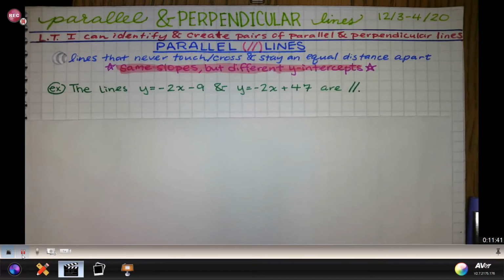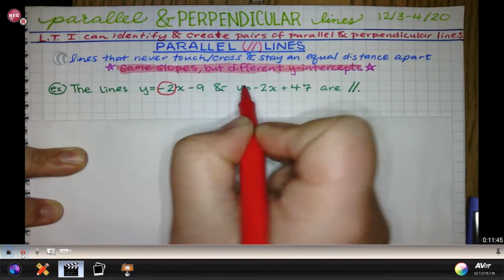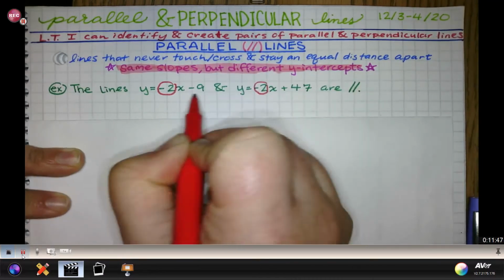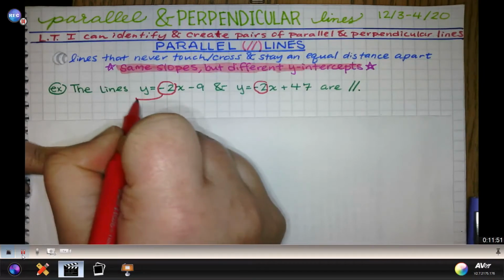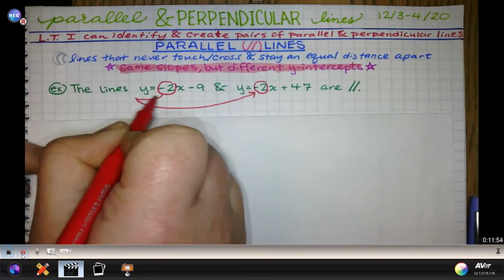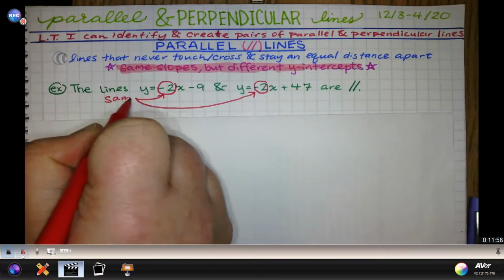Okay, and the reason these are parallel is because if we look at the form y equals mx plus b, then the slopes are negative 2. Remember, they don't include x, and that means our slopes are the same. So we have same slope.